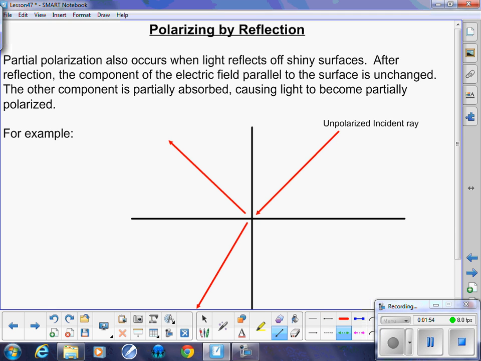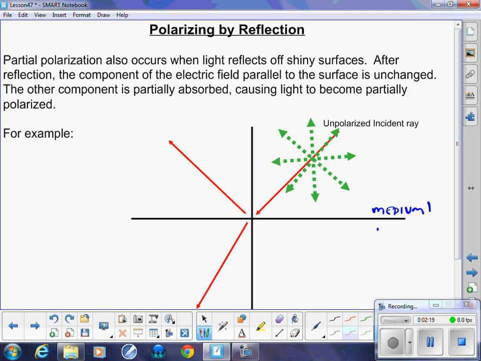So I'm going to have my unpolarized light, which means I'm going to draw light in this kind of fashion here. I'm just going to create this design here. The green lines represent all the different axes that the light is approaching the surface at. So that's unpolarized light. When the light strikes that surface, we've got medium 1 and medium 2.